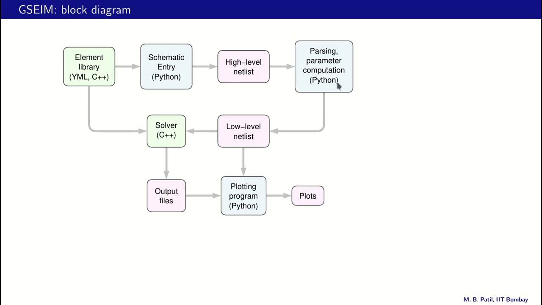That also happens in Python, and after that a low-level netlist or circuit file is generated. Now this circuit file serves as the input to the engine or the C++ solver, and the solver works on the netlist and produces the output files that the user has requested.